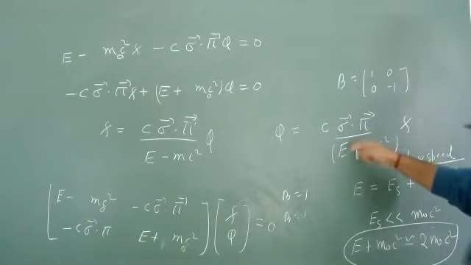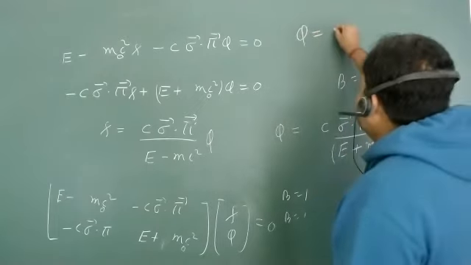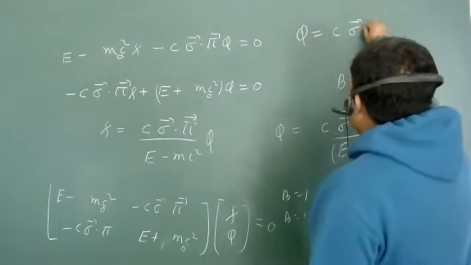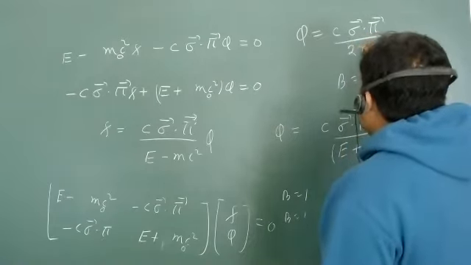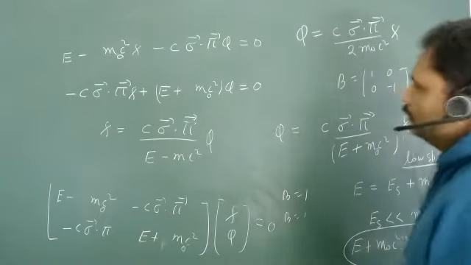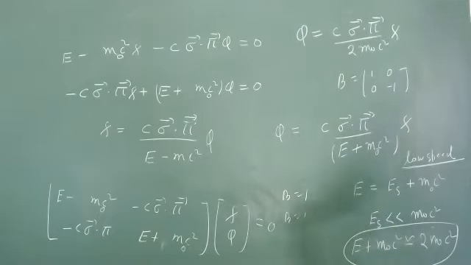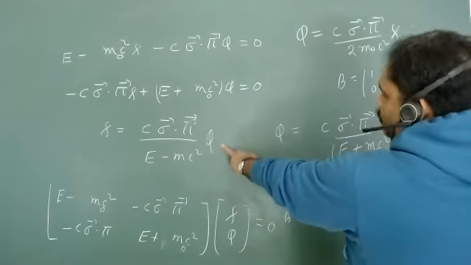So then I can write phi is equal to c times sigma dot pi upon 2 m naught c square chi. Now I can put this phi here just like in the last problem.